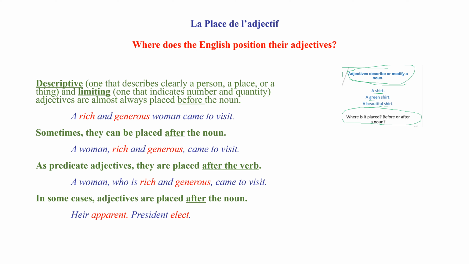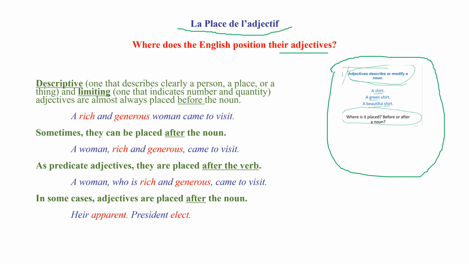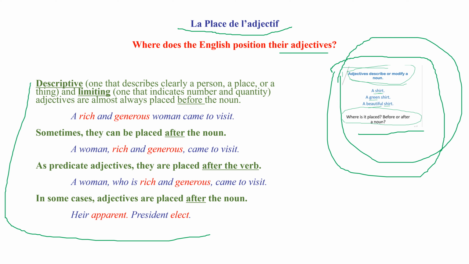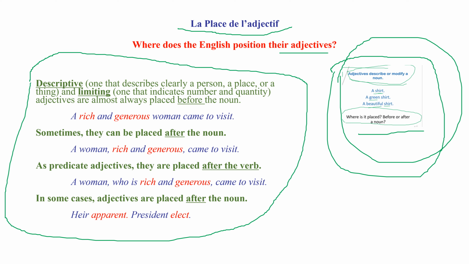Alright folks, let's look at la place de l'adjectif. Where does the English position their adjectives? Not sure if you remember, but in lesson 4a, I told you to keep that in mind. Where is it placed, before or after a noun? Here is a screenshot of the lesson. This is all in English, and I included it just so you could compare it with the French.